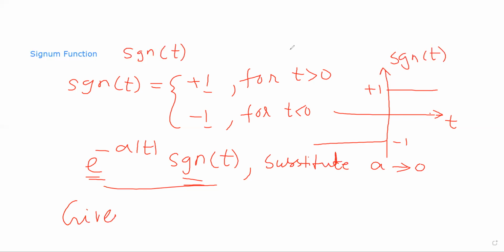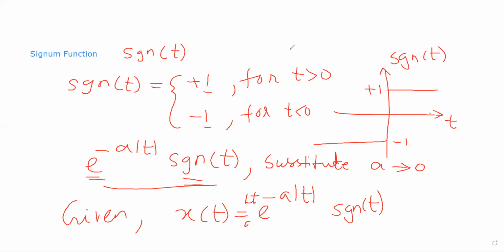So the given function x of t is e to the power minus a mod t times signum of t, and we add the limit a tends to 0 at the beginning. As per the previous lecture, we know that a double-sided exponential function can be represented using the unit step function.